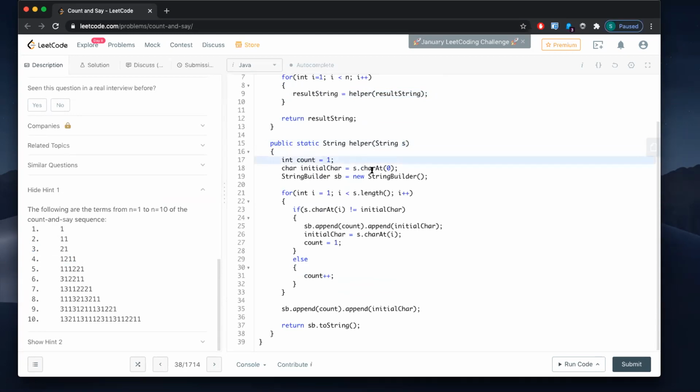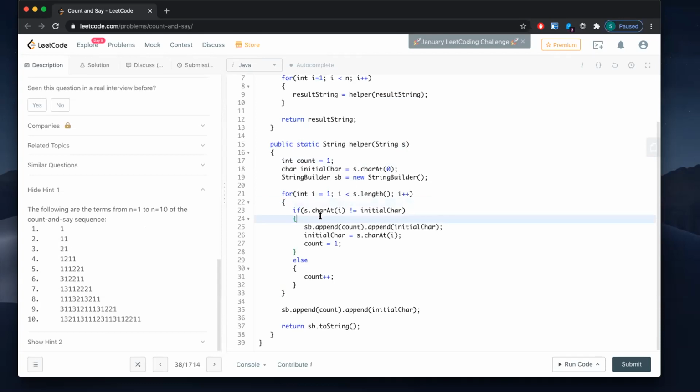The initial char, the first char, is 2. We use a string builder so we don't have to keep concatenating. i equals 1, i is less than the length, in this case 2, i plus plus. If the char at i is not equal to the initial char, which in this case it is not, it'll append count, then append initial char.